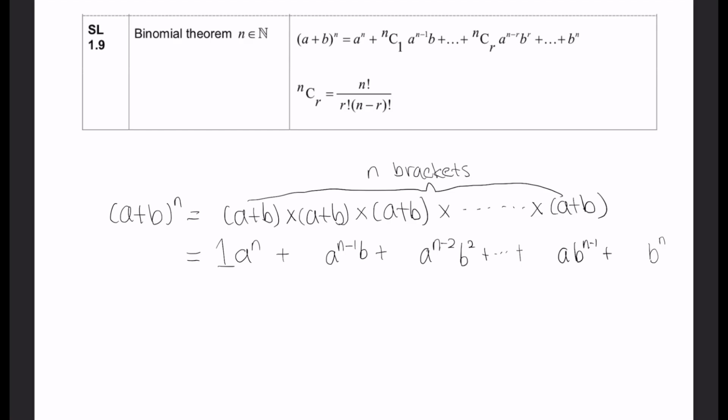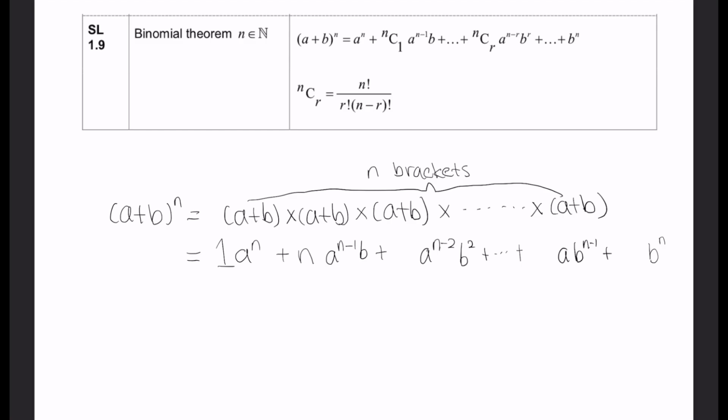Since there are a total of n brackets, there are n ways to do this. We could take b from the first bracket and take a for the rest, take b from the second bracket and take a for the rest, and so on. So the coefficient of the a^(n-1)b term in the expansion will be n.